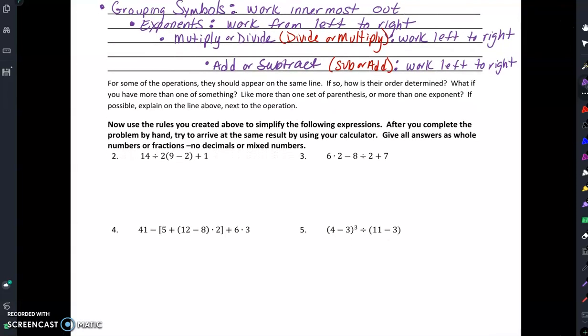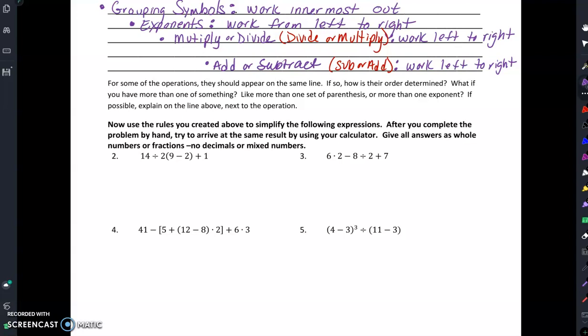After you complete the problem by hand, try to arrive at the same result using a calculator. This is an excellent exercise just to make sure everything's matching up. Make sure when you enter in a calculator, sometimes, with parentheses, you have to put in additional parentheses to make it work right. Give all answers as whole numbers or fractions.